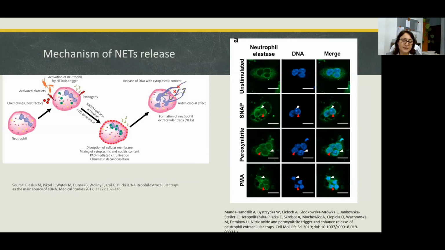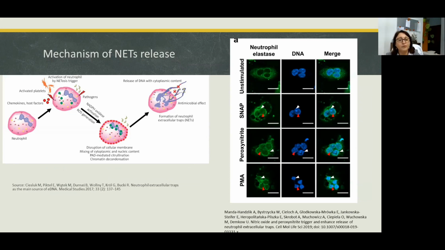The mechanism of NETs release is quite complex and involves several pathways. During this process, we can see that the nucleus decondensates and intracellular membranes disintegrate, allowing the mixing of nuclear and cytoplasmic components. Eventually, the plasma membrane is disrupted and the nets are released outside the cell.